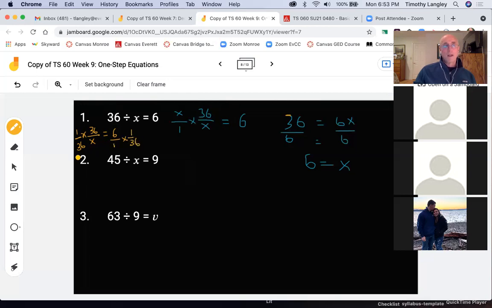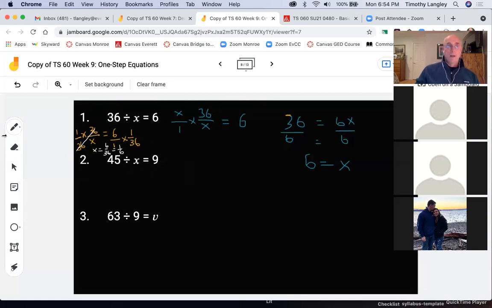What that's going to do, if I illustrate this with my colors here, is cancel out the 36s, and I'm going to get x equals 6 over 36, which reduces down to 1/6. That's real tiny there, but that's what that would do to solve this.